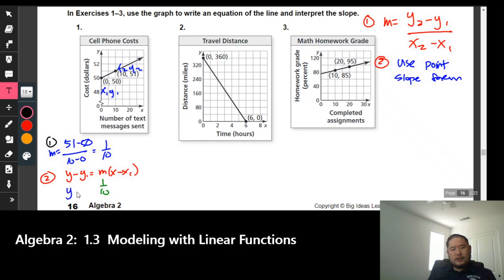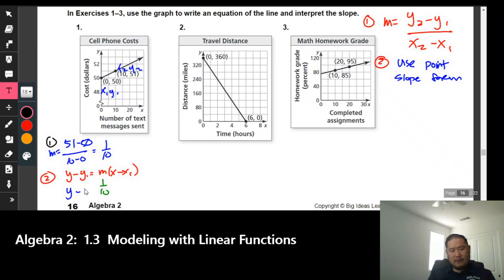honestly, you just need to choose any one of these 2 points as x1, y1. You might as well choose the easiest one here, where the numbers are small, or you don't have to do any crazy calculations. And for me, hopefully it makes sense that 0, 50 would be the easiest one to use. And I'll show you why.